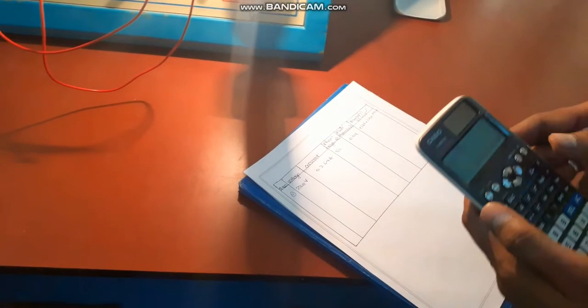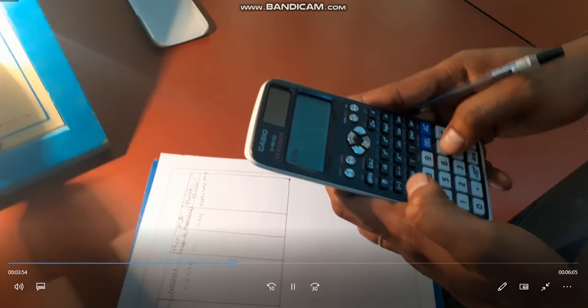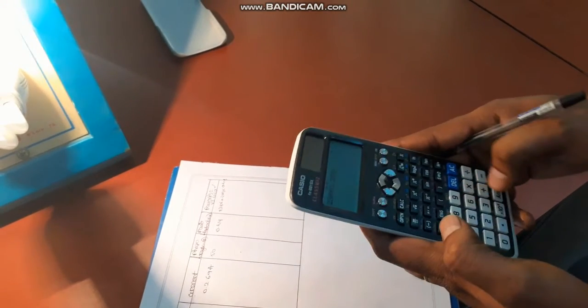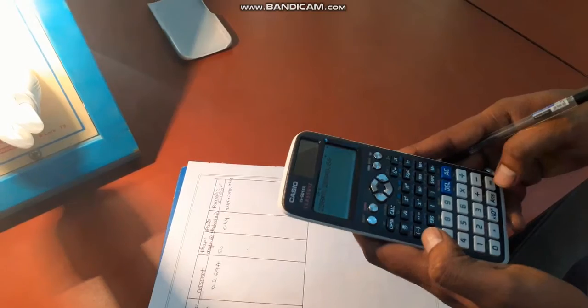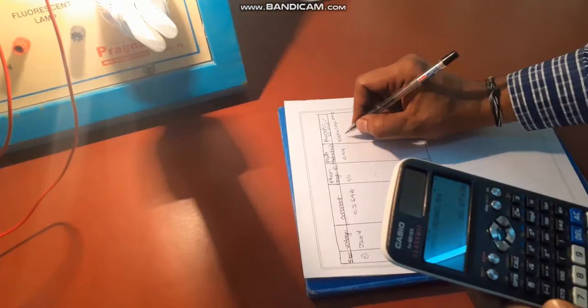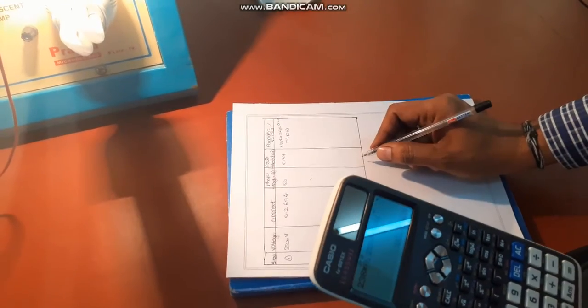If we multiply these three terms, we get a power of 40 watts. 40 watts is the total power consumed by the incandescent lamp.